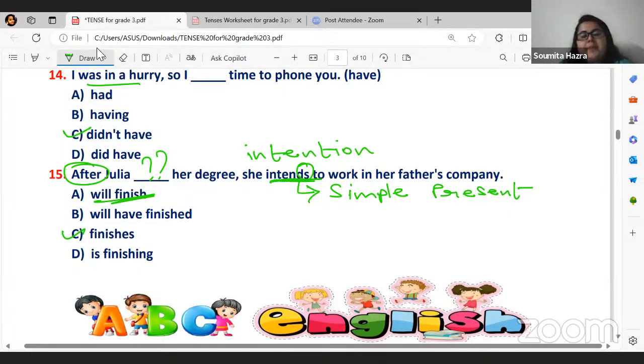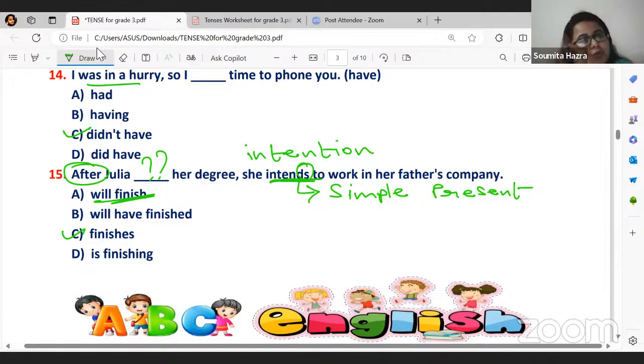We use simple present tense or at times present continuous tense also when the action will be happening in future. That is fine. The action will take place in future, but it is part of a plan. Like if I plan to visit Shimla in December, I can say, I am planning to visit Shimla.